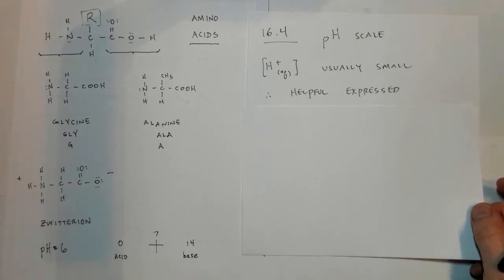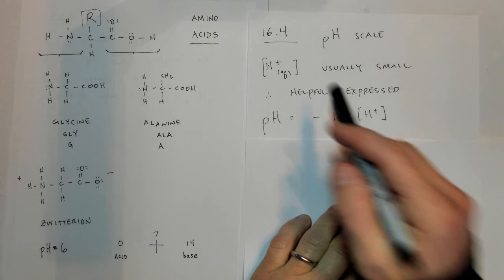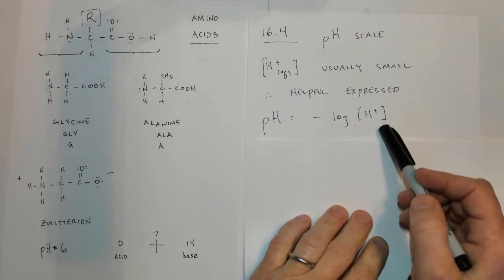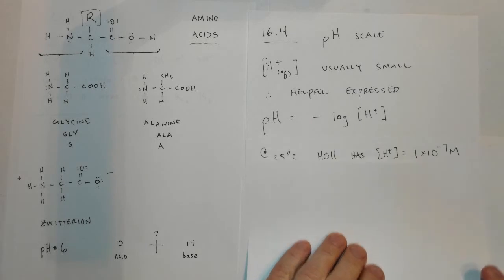And since the H plus ion concentration in solution is usually small, something in the order of times 10 to the negative 2, 3, 4, 5, 6, and not just a handy number like 5, it's helpful to express this in a logarithmic scale. And so the pH of a solution is defined as the negative logarithm of the hydrogen or hydronium ion concentration. pH is equal to negative log of H plus.